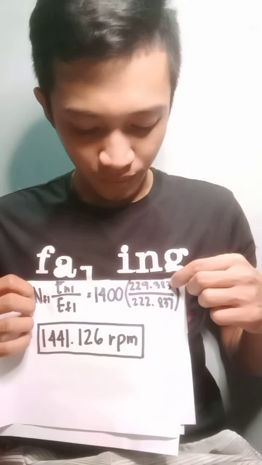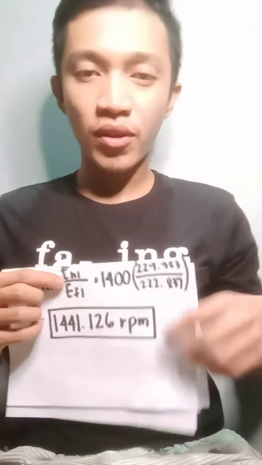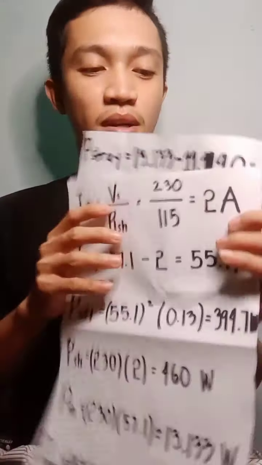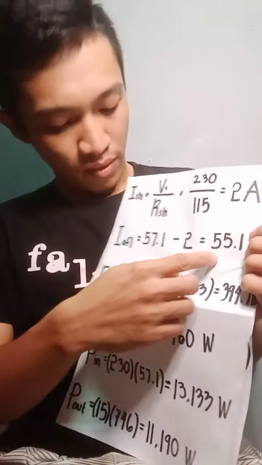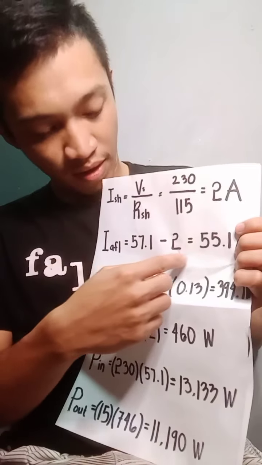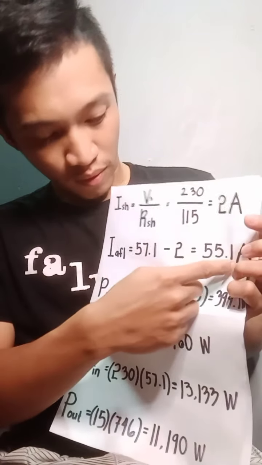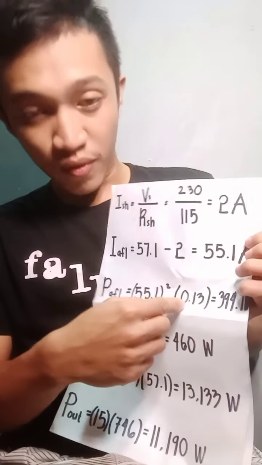We should have 229.383 volts, and our volts at full load is equals to 230, which is the voltage of the motor, minus the current of our armature at full load times the resistance of that.